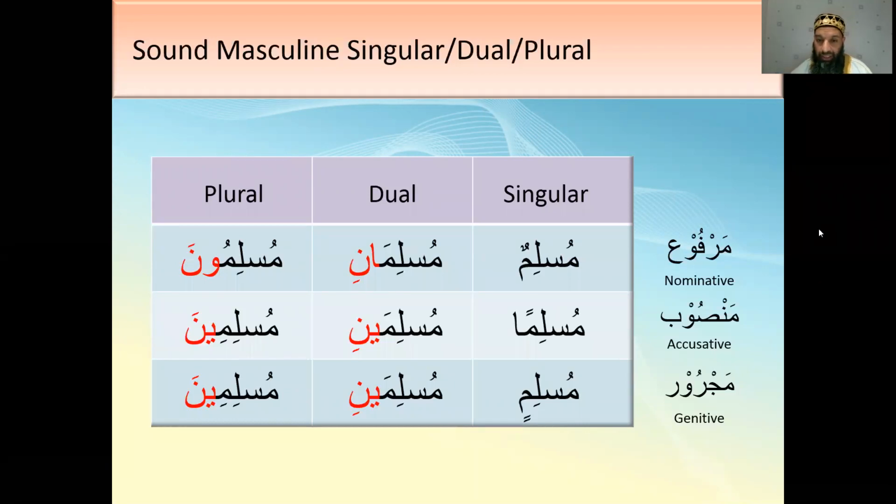Muslimun. So again, the benefit of learning this table is I give you a word, kafirun. Now tell me, how do you say two kafirs? In any case, just tell me anyway. Kafirani is good. That's marfu. What else?